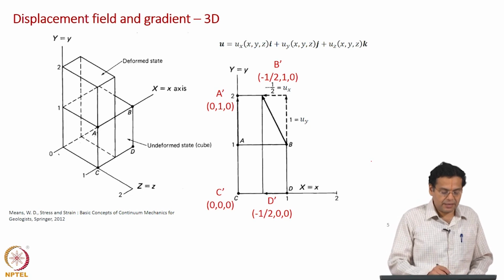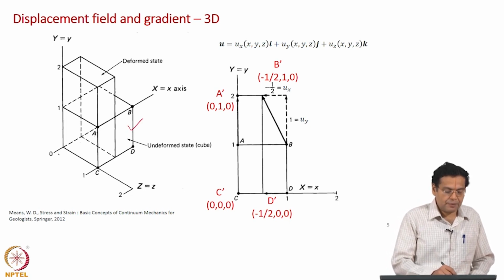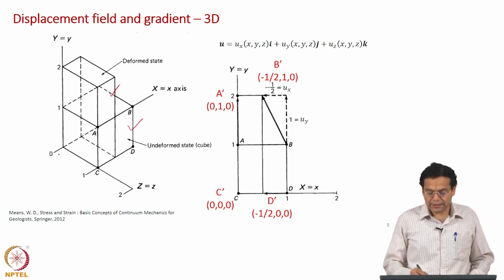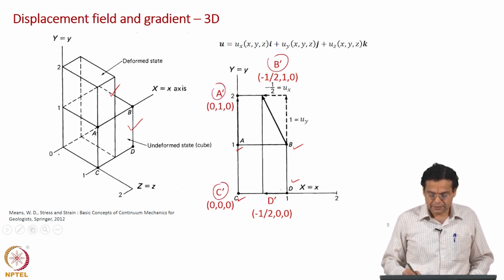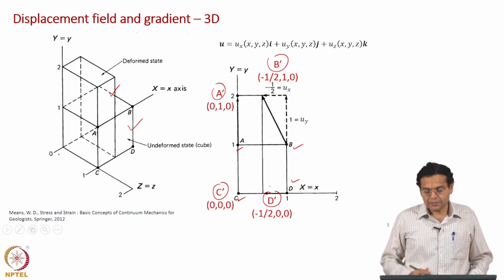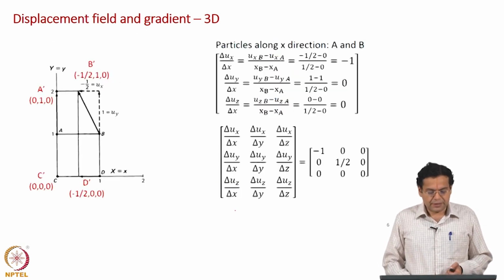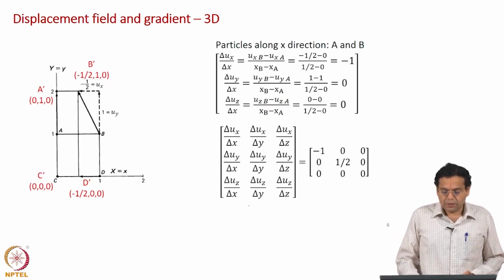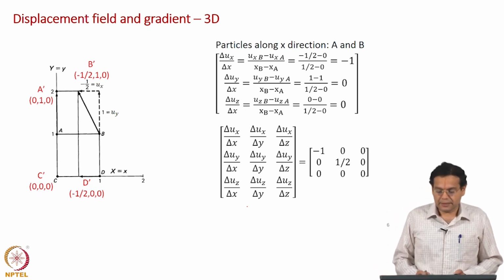We said we had a cube, it became a cuboid, and then we noted the initial configurations, the position at the initial state, and then the final positions in terms of A dash, B dash, C dash. Okay. We also noted the displacements in all the directions for these points, and then we wrote the displacement gradient tensor.